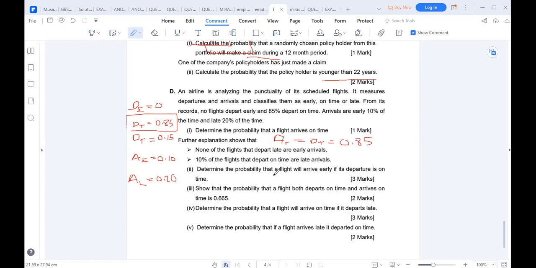Part 2, determine the probability that it will arrive early if it is on time. So probability that it will arrive early if it departs on time, given DT.